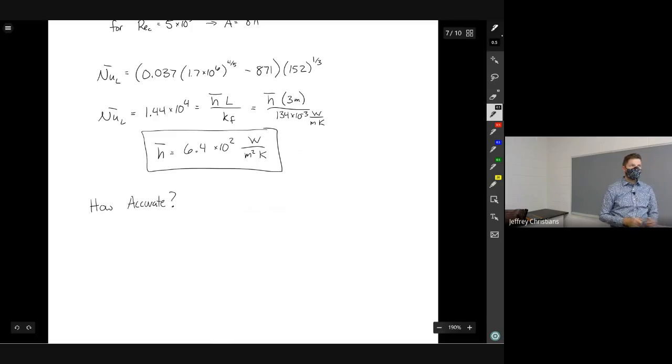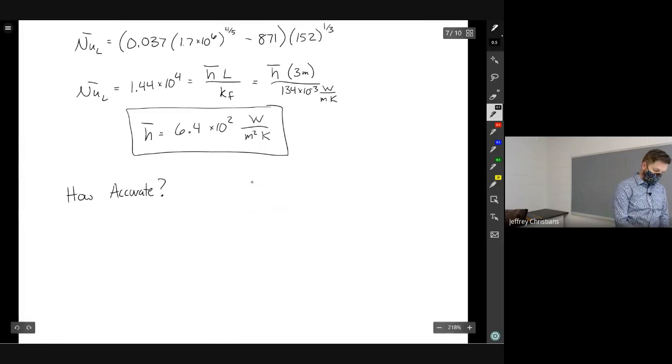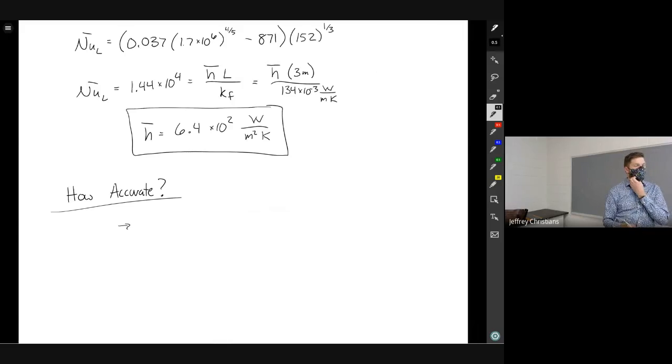It's useful to ask, how accurate is this? With these types of models, your accuracy is going to depend a lot on the specific system. So sometimes your model might be spot on. Sometimes you can have some fairly large errors.